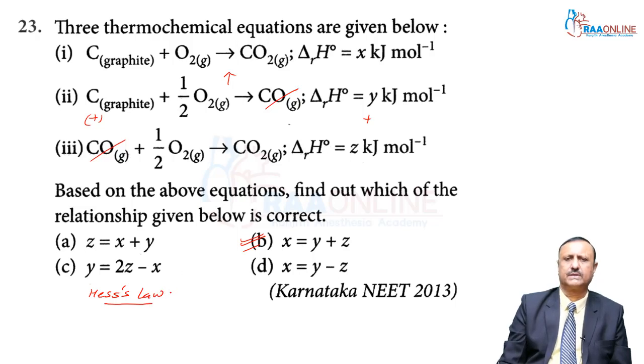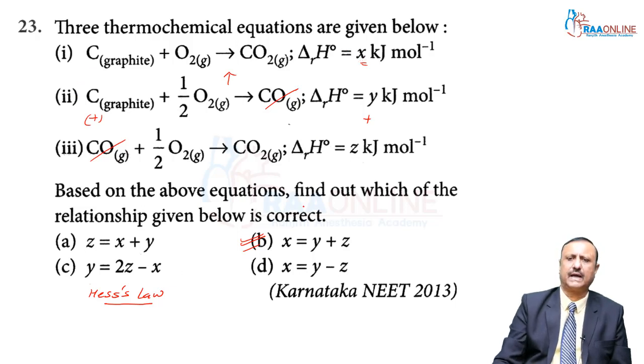What is Hess's law, my dear students? The amount of heat liberated is the same whether the reaction occurs by different paths. There is a one-step reaction, and there are two-step reactions. The heat evolved in the two-step reactions is equal to the heat evolved in the one-step reaction.